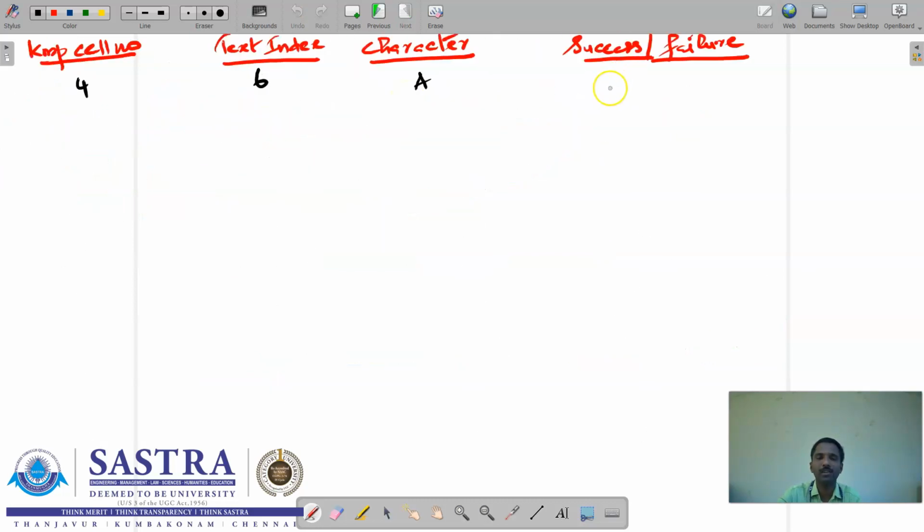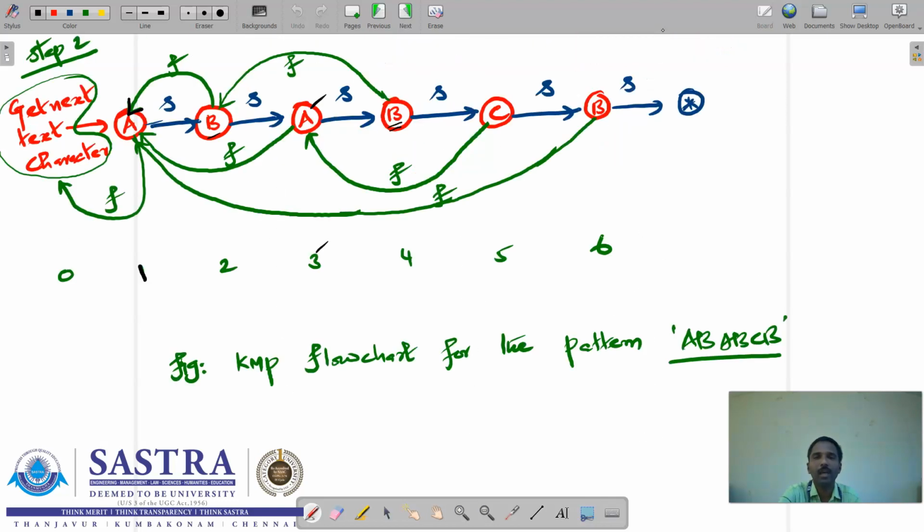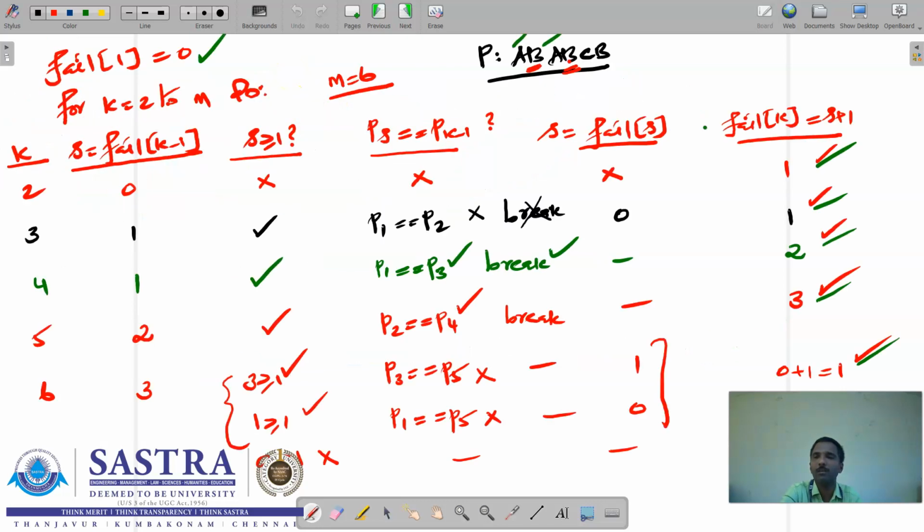So here we need to write a failure 1. Failure occurs. So at cell number 4, we have got failure. Use the diagram. At cell number 4, fail of 4 is pointing to cell number 2.